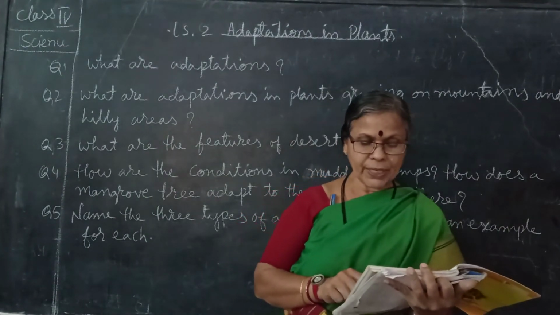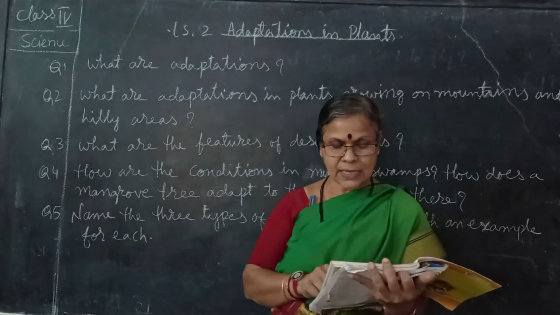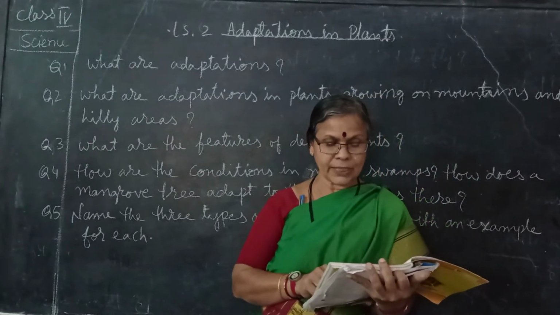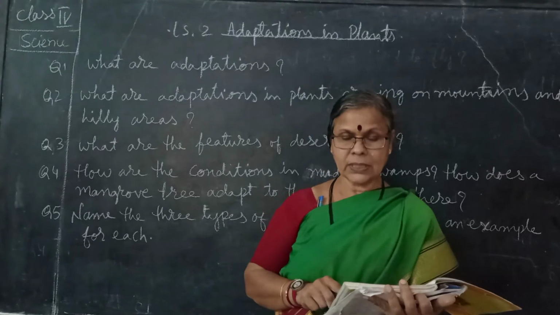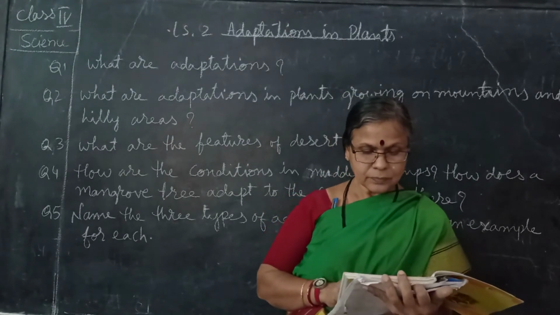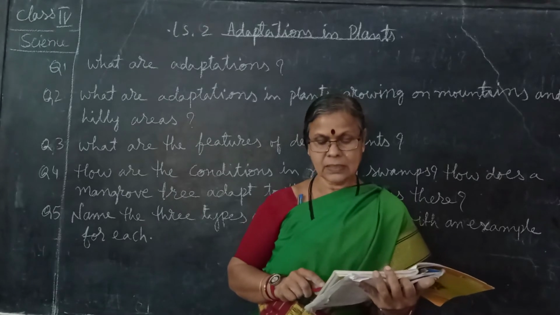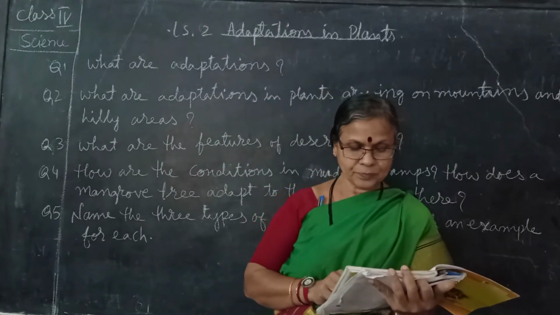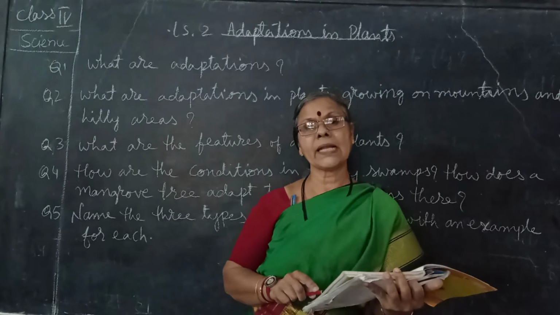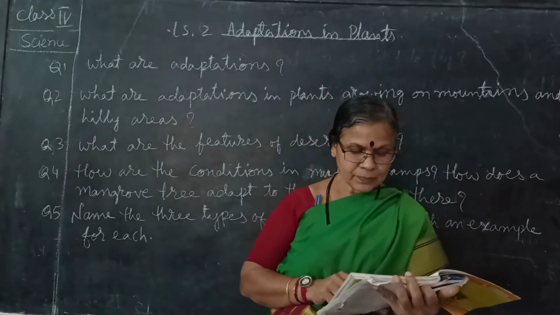Plants growing on mountains and hilly areas have adaptations that help them to live in such cold and dry areas. They are tall, straight and shaped like a cone so that the snow slides off easily.